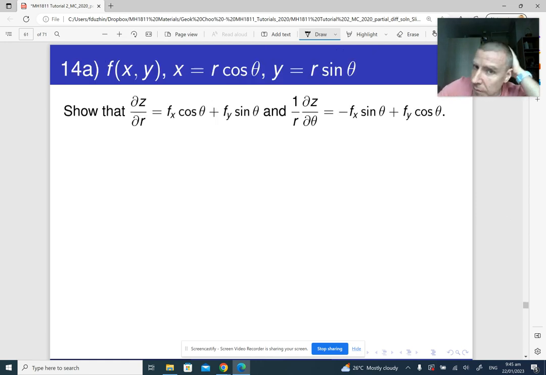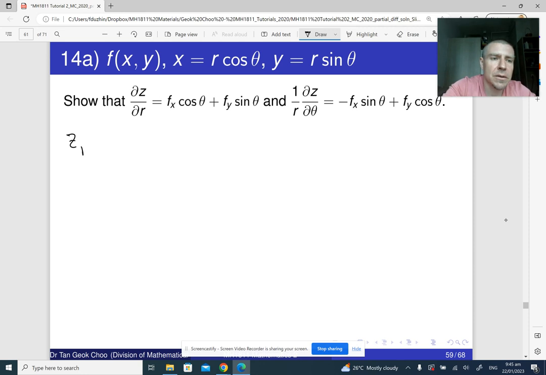Part A. Basically, we need to find dz dr and 1 over r times dz d theta. So let's do that. dz dr, the derivative of z with respect to r, is the derivative of z with respect to x times the derivative of x with respect to r, plus the derivative of z with respect to y times the derivative of y with respect to r.